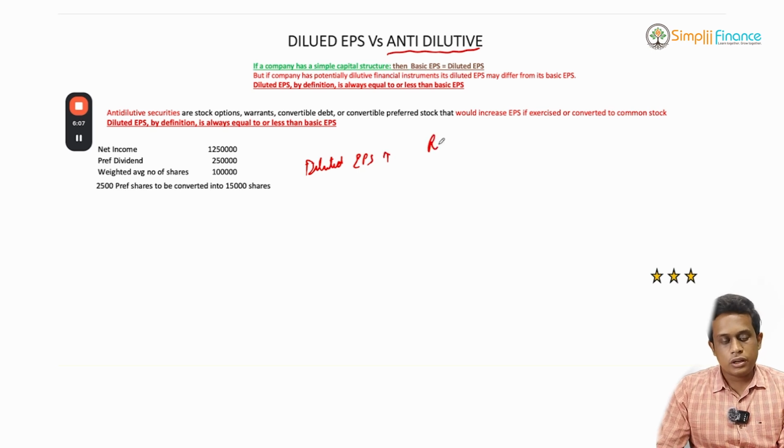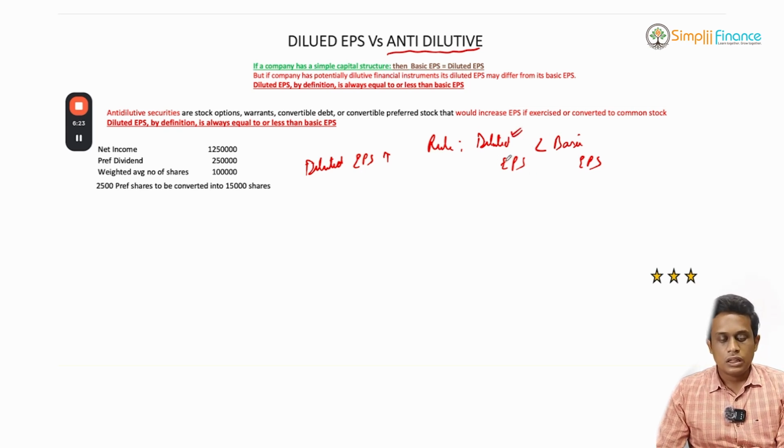As a general rule, the diluted EPS has to be lower than the basic EPS, because that's the point of calculating the diluted EPS. What if the convertible security gets converted? Then by all logical reasoning, your EPS should fall. The diluted EPS should fall because of the conversion into equity shares.